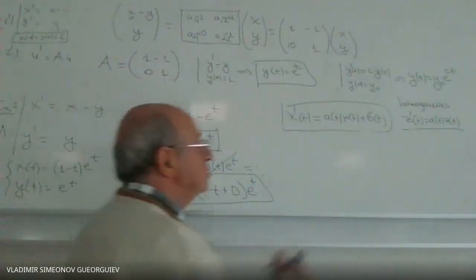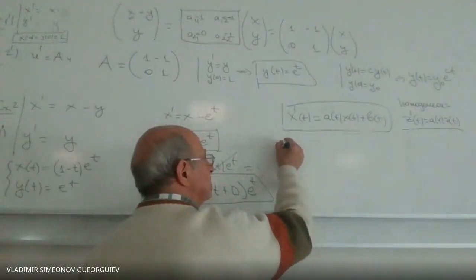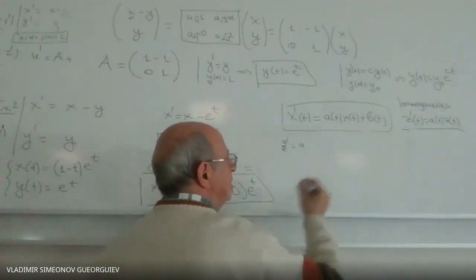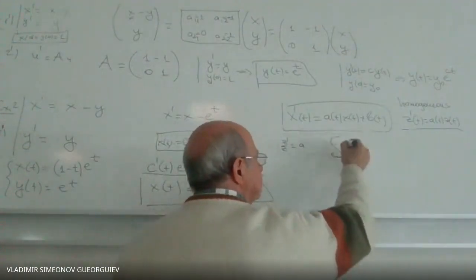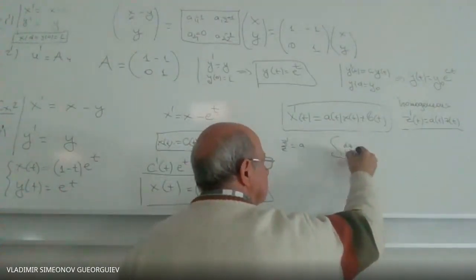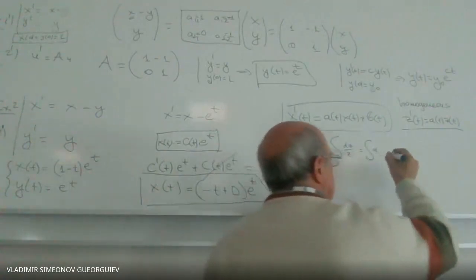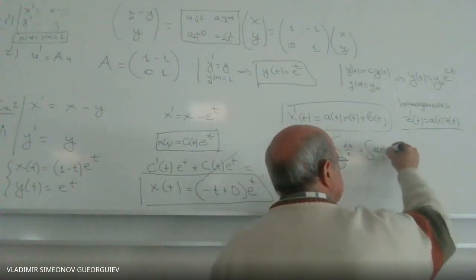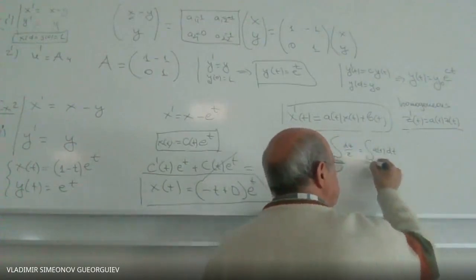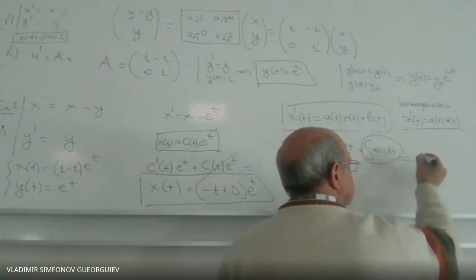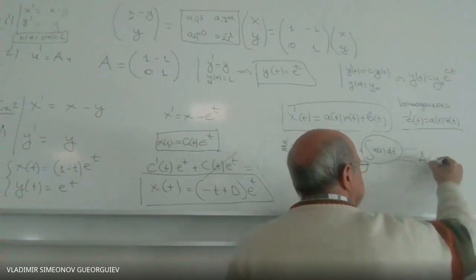So again, we rewrite the equation for zeta prime over zeta equal a. Then we integrate: integral d zeta over zeta is integral of a(t) dt, and we call this by definition capital A(t).